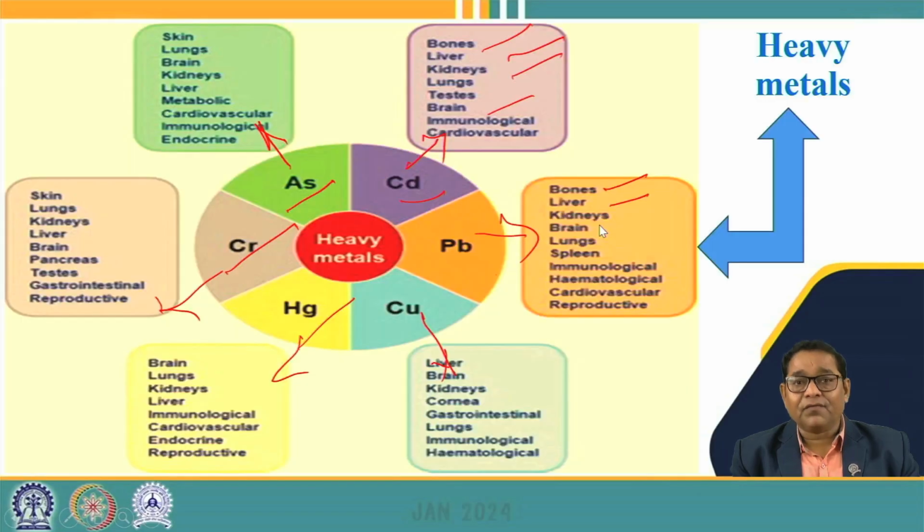So these are the various impacts of the presence of different heavy metals in industrial wastewater. Removal of these heavy metals from wastewater is very important for its recycle and reuse.